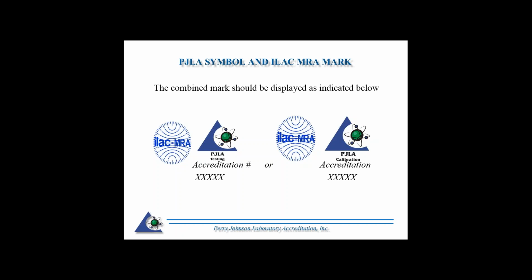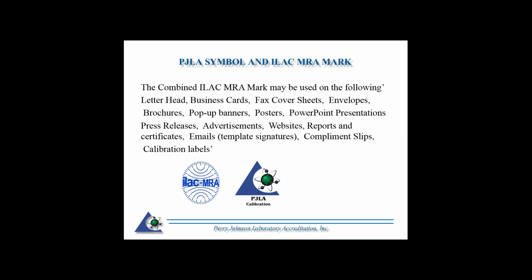Just bear in mind you have to sign the agreement PJLA has prepared, and you need to submit the artwork to the office for review in order to gain that approval. And just a quick do's and don'ts. The ILAC mark may be used on the following: letterhead, business cards, fax, envelopes, brochures, pop-up banners, posters, PowerPoints, press releases, advertisements, websites, reports and certificates, emails, compliment slips, calibration labels.